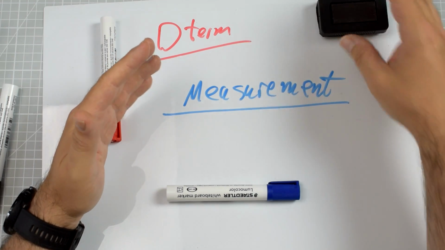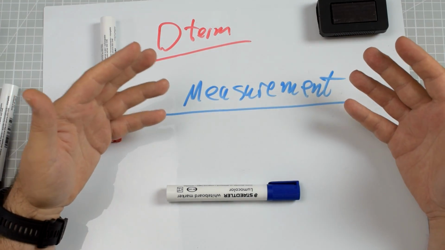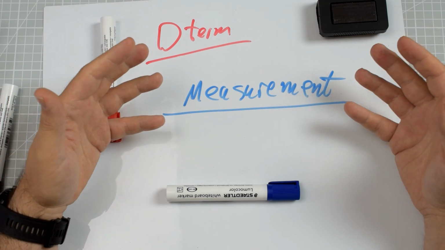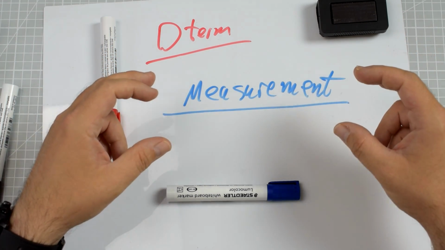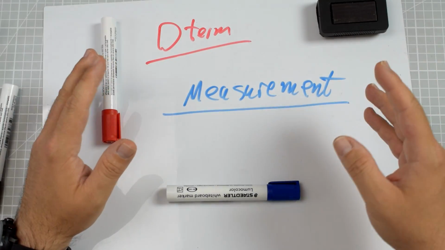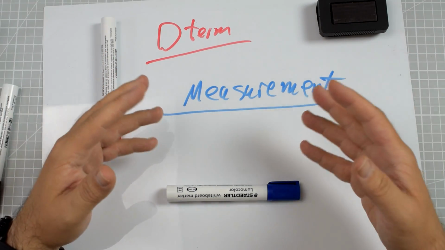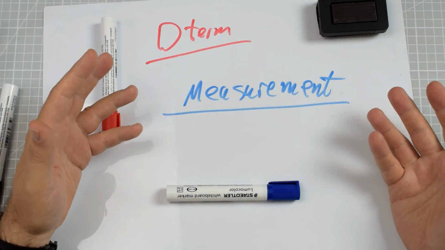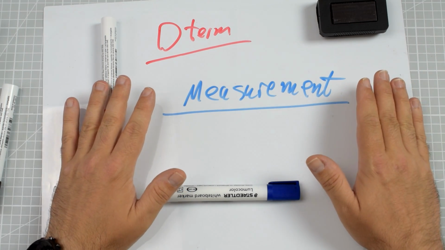When we are computing the derivative of the signal inside of the PID controller, we use only the value of the measurement of the gyro signal. We ignore the current set point. If the pilot wants to make a maneuver and the input value for the PID controller is changing, we are computing the derivative only from the measurement.